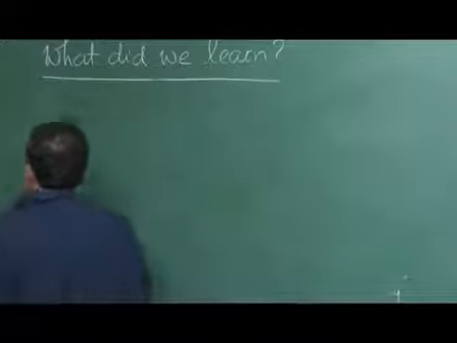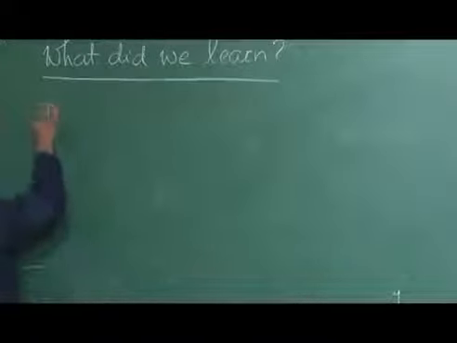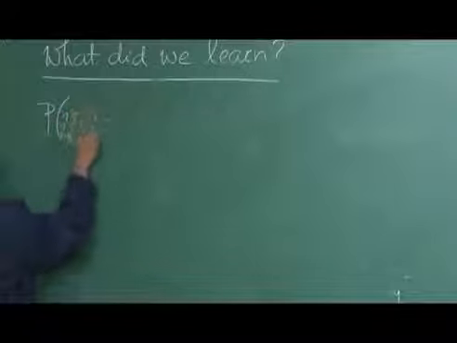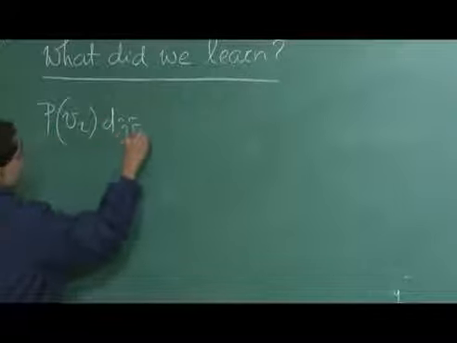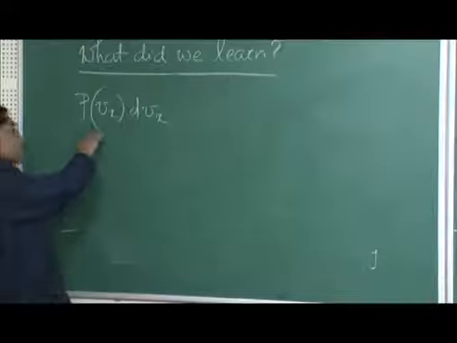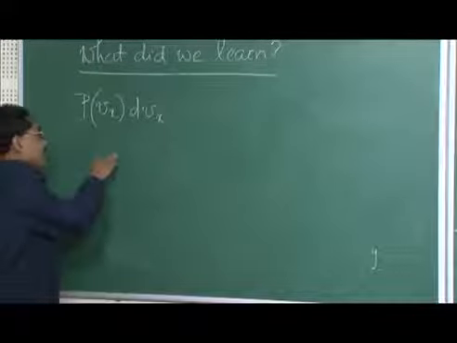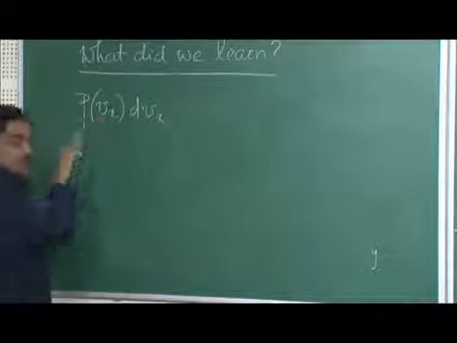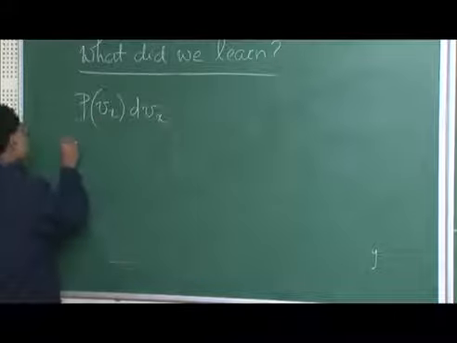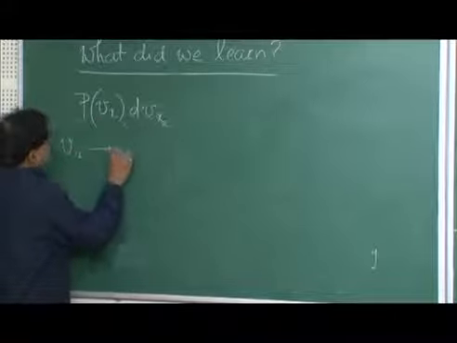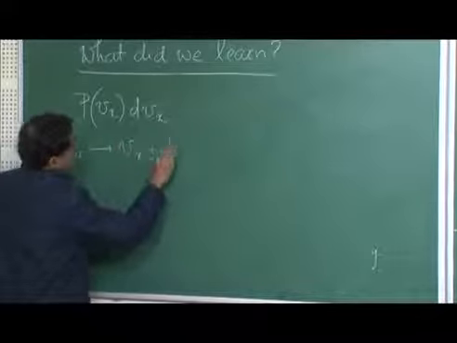As I considered in the first lecture, P(Vx) dVx is the probability that the velocity, the x component of velocity to be precise, lies between Vx and Vx plus dVx.